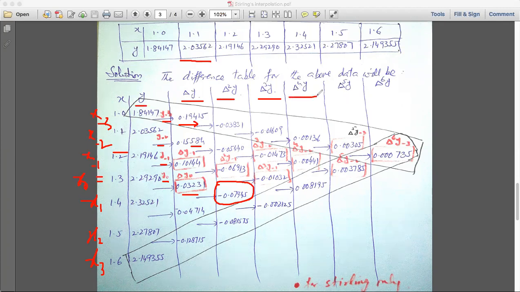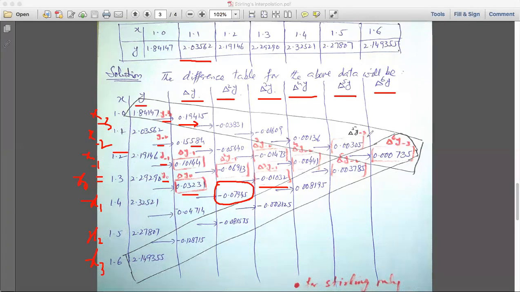Next find delta raised to power 4 y, delta raised to power 5 y, delta raised to power 6 y. Clear? And we denote this value by delta cube y minus 1, delta cube y minus 2. Similarly, this value delta raised to power 4 y minus 2.